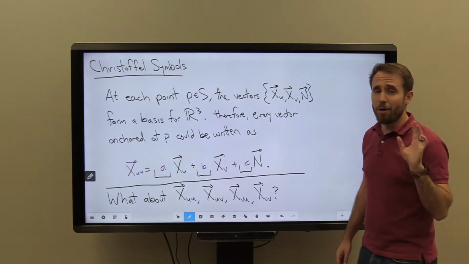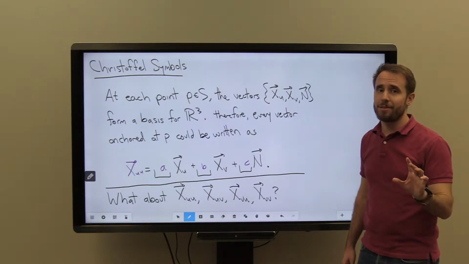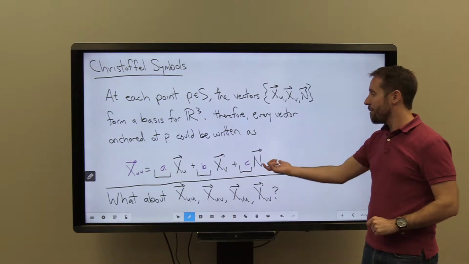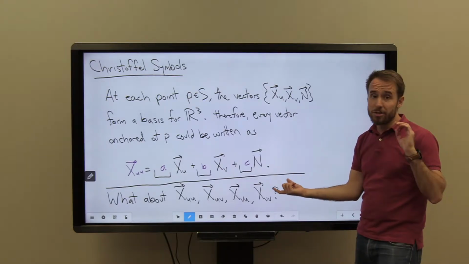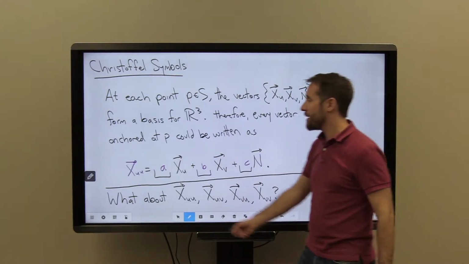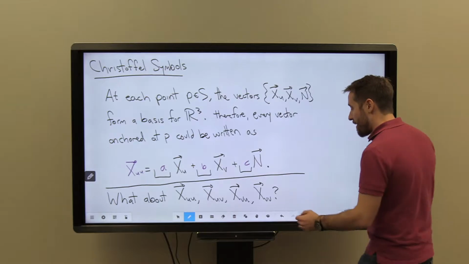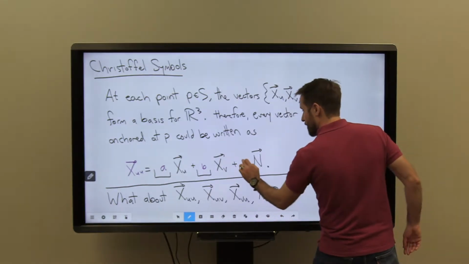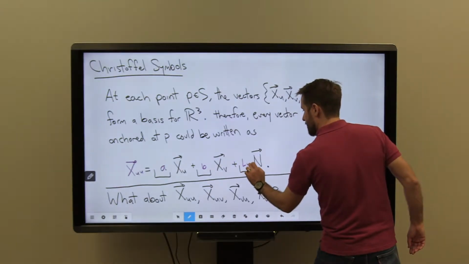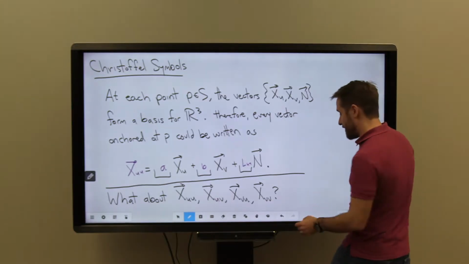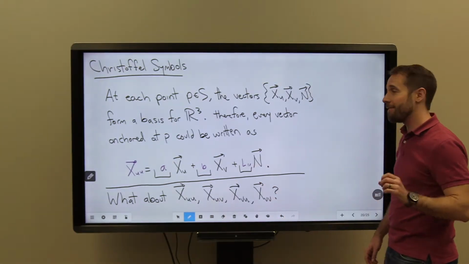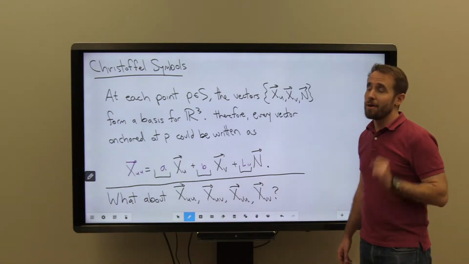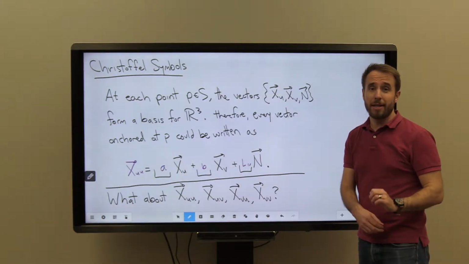Now it turns out we've already seen one of these before. The coefficient out front of the vector n is going to be our second fundamental form. In this case, if I'm looking at xuu, that would simply be Luu, or in this case, I'm just going to say L11, so that first entry in your second fundamental form matrix.